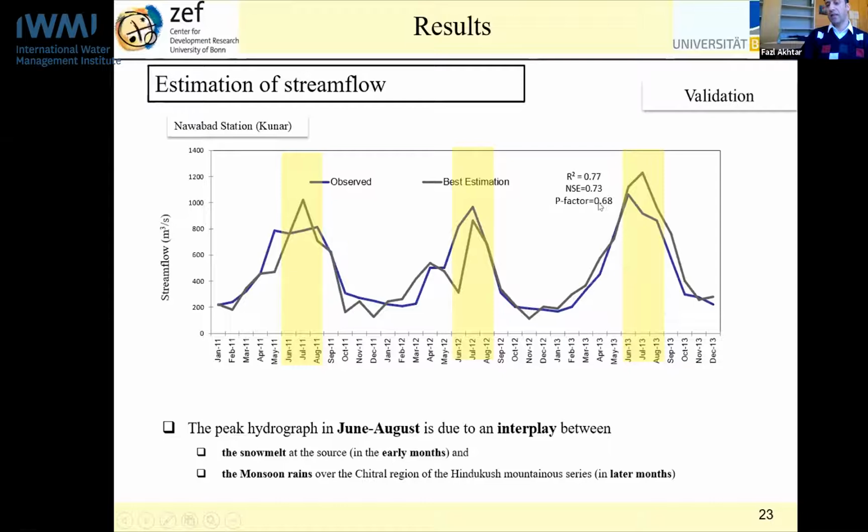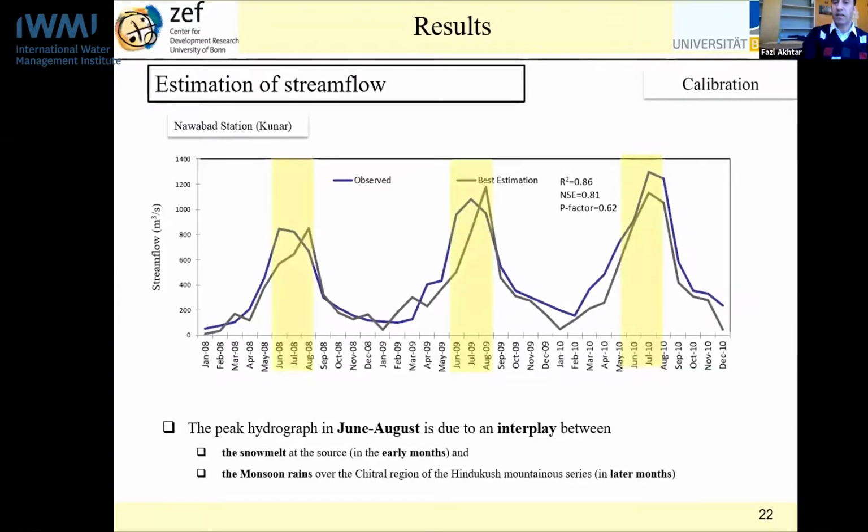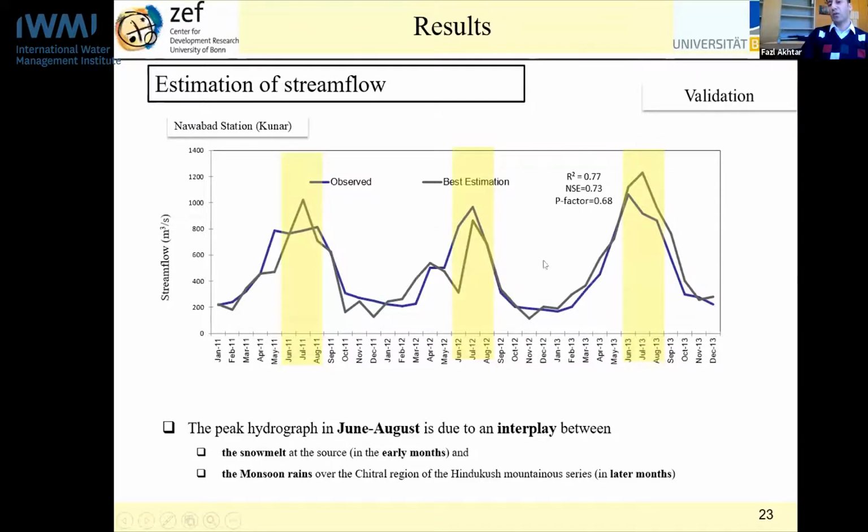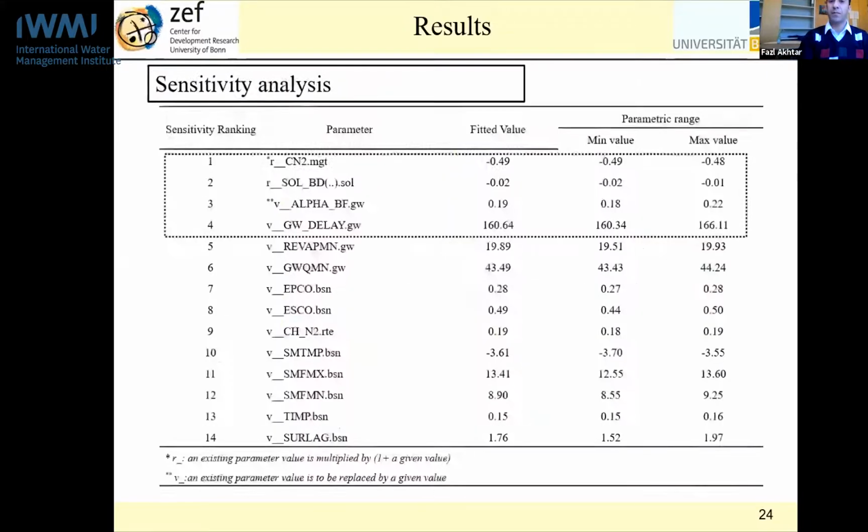The P factor, the number of observed points bracketed, increased from 62% to 68%. So the simulation got a bit better in terms of quality, while the pattern is still the same. The snowmelt contribution, for example, and the monsoon contribution, which get together and cause floods and peak hydrographs during the period between June and August.